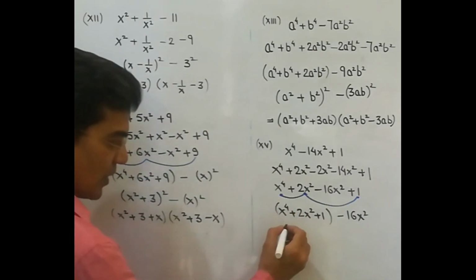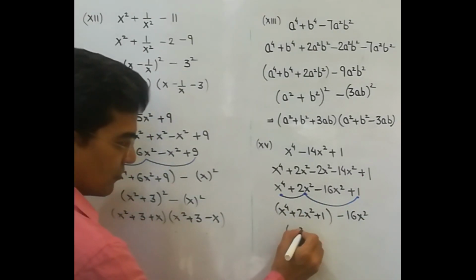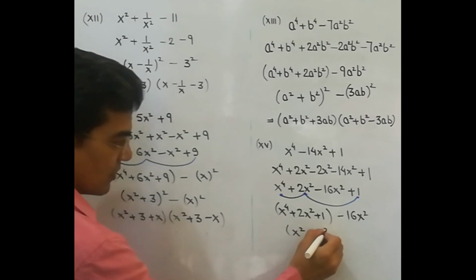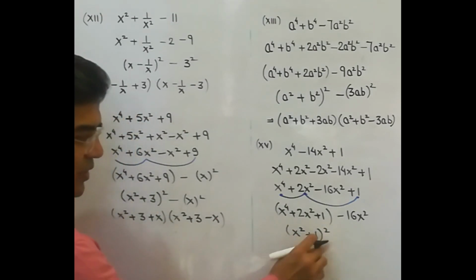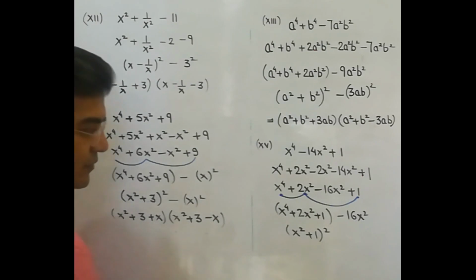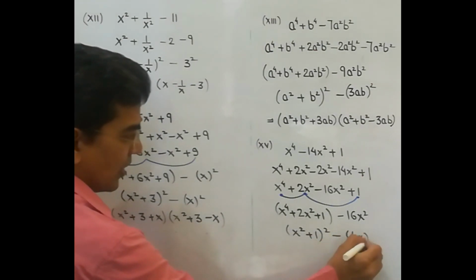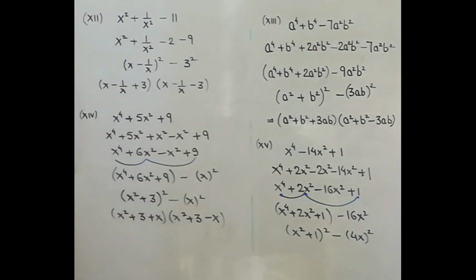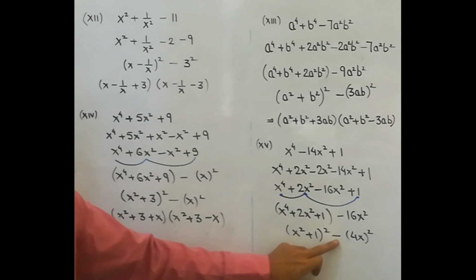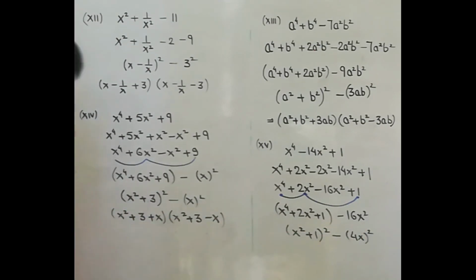Now if you see this one, this is the whole square of this. If you take x square plus 1 whole square, you will get the result. And this can be written as 4x square. So finally we have got it in the form a square minus b square.